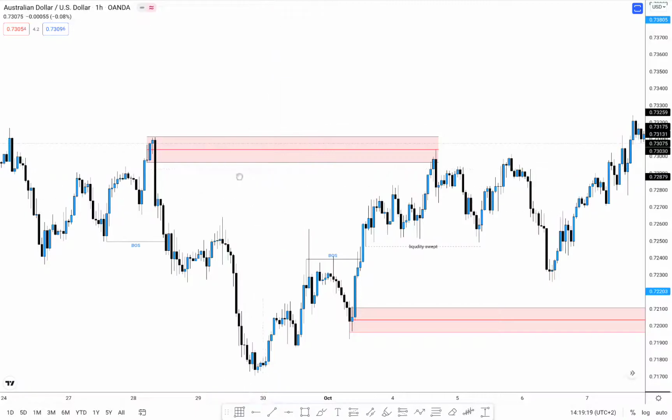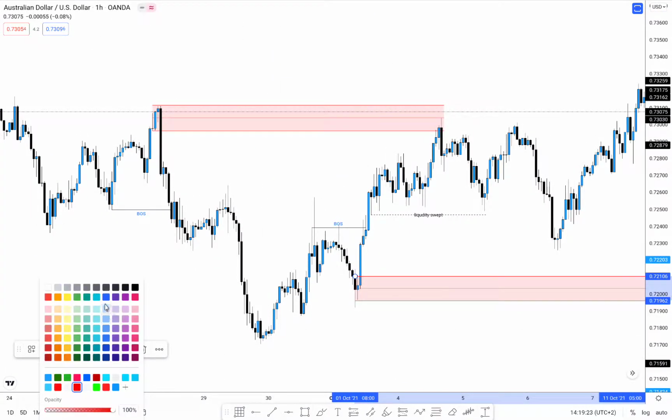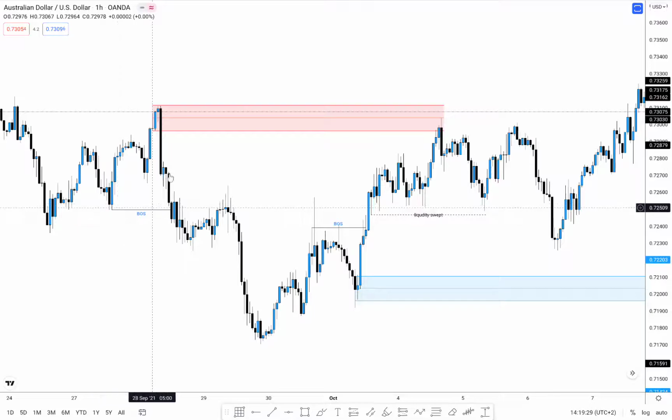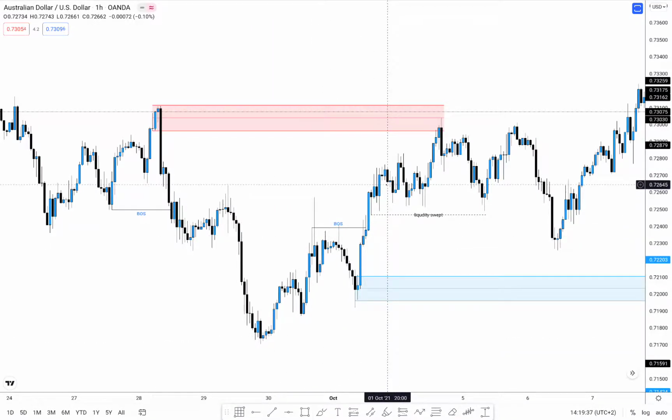So anyway, to get to supply, here's an example of price moving into supply. We are bearish, created that low, lower high, lower low, lower high, lower low. Once that happens, we break structure, creating a new high, higher low, higher high, higher low, right?